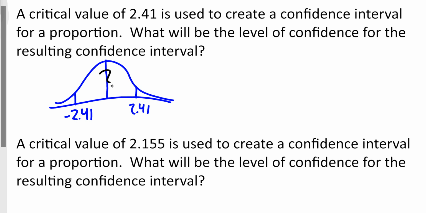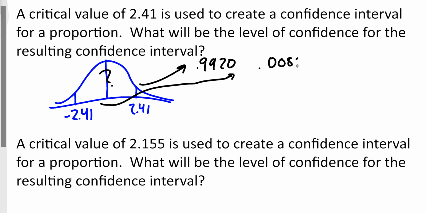Okay? If you go to your table, you can find the values that are less than 2.41 and less than negative 2.41. We would have 0.9920, and from this one, we would have 0.0080.